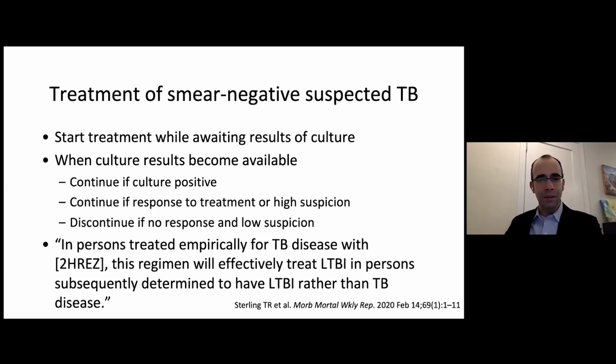And so that's the quote unquote hidden regimen, which is treating latent tuberculosis with an active disease regimen. Again, those people who were ruled out for TB and ultimately are just thought to have latent TB, but they've managed to receive active disease TB treatment.